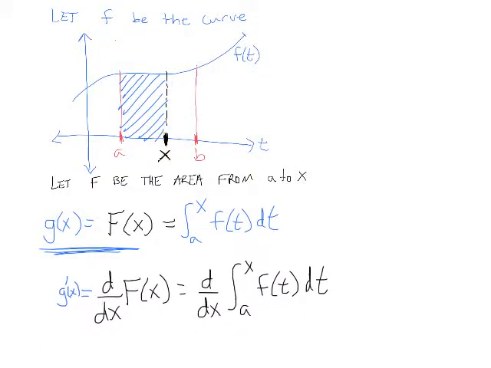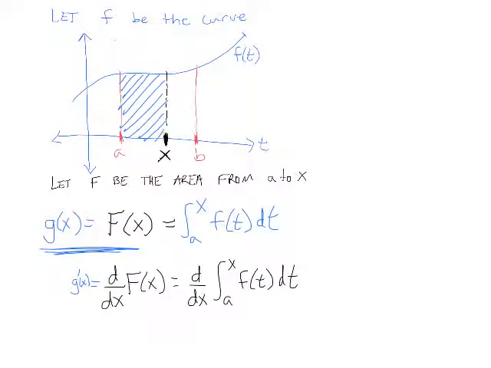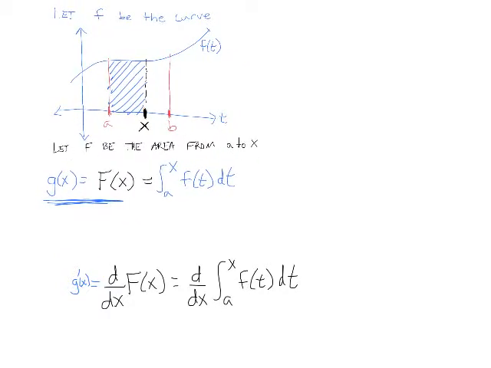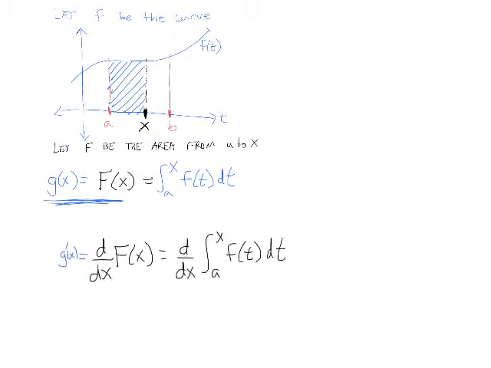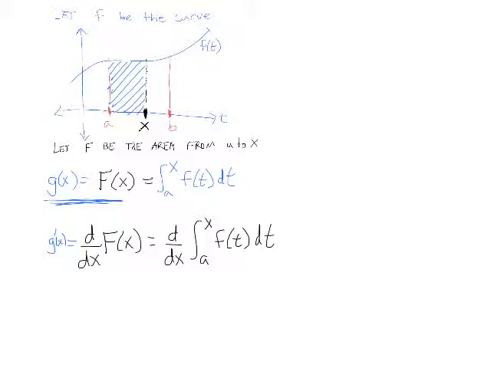What the Fundamental Theorem of Calculus tells us, and if you're interested in seeing a proof of this, there is a video on Khan Academy, is that this is equal to the function of x. In other words, big F prime of x is equal to little f of x.